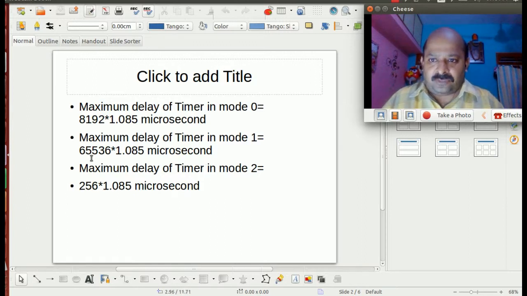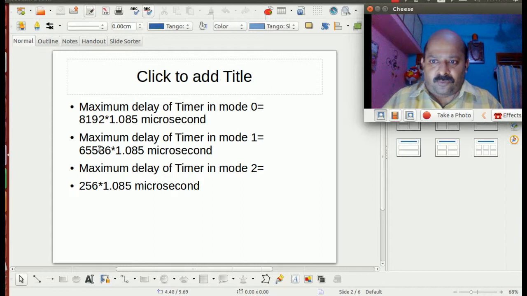So let us now focus on the timer in different modes. The timer in mode 0 can achieve a maximum delay of 8192 into 1.085 microseconds, so that comes to approximately 8.88 milliseconds.